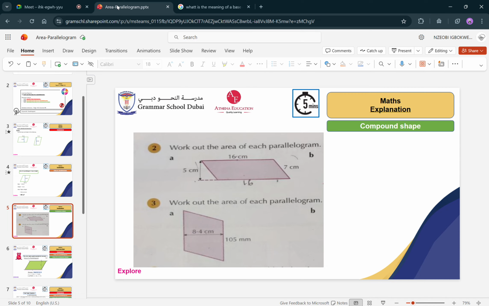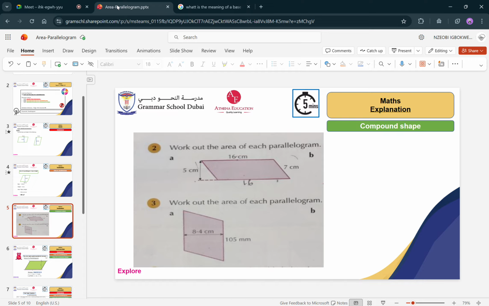The shape's height is 5 centimeters, just indicating the arrows here. Now, the calculation: for the base, it will be 16 centimeters.